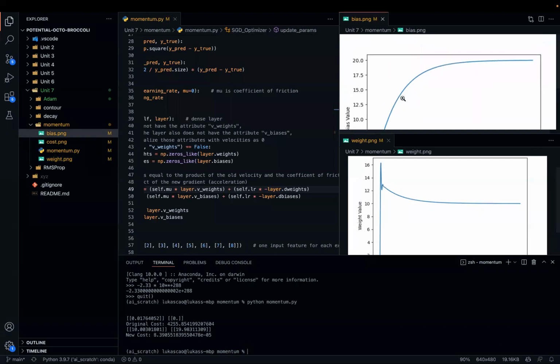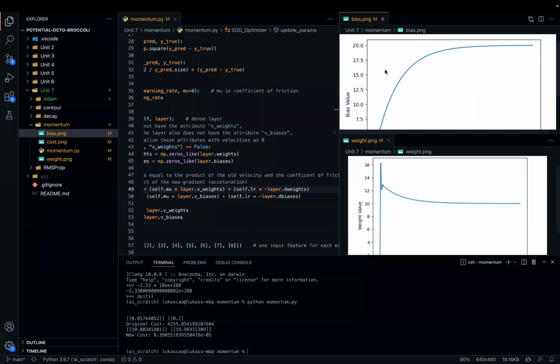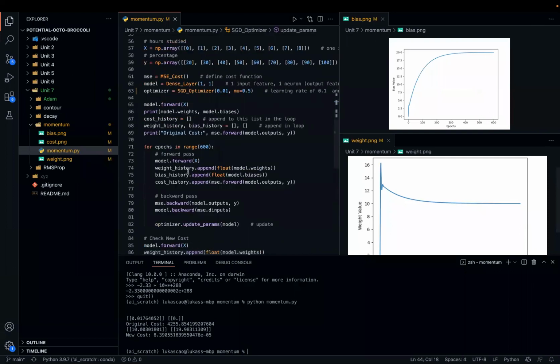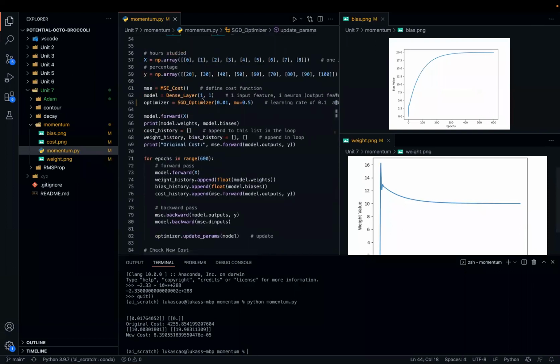But then how about the bias? Is the learning rate too big or too small for the bias? Yes. So since it's too small, the problem is our learning rate. The learning rate that you set, 0.001, is too small for the bias, but too big for the weight.